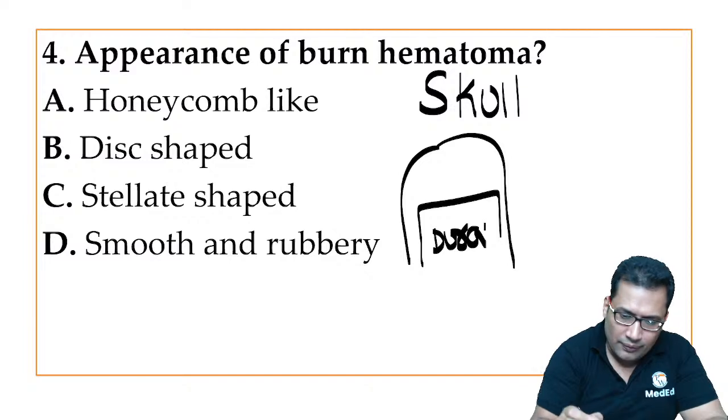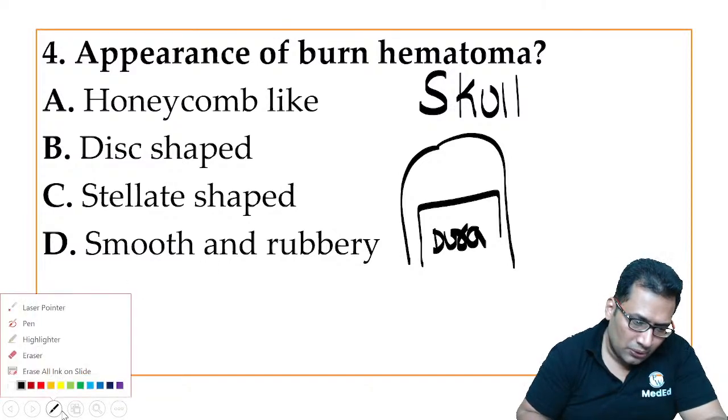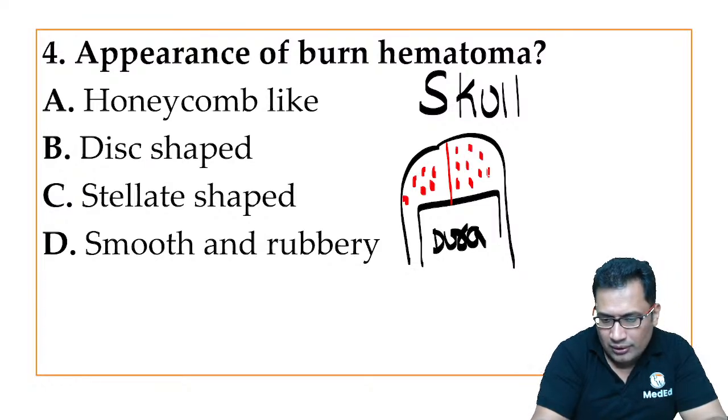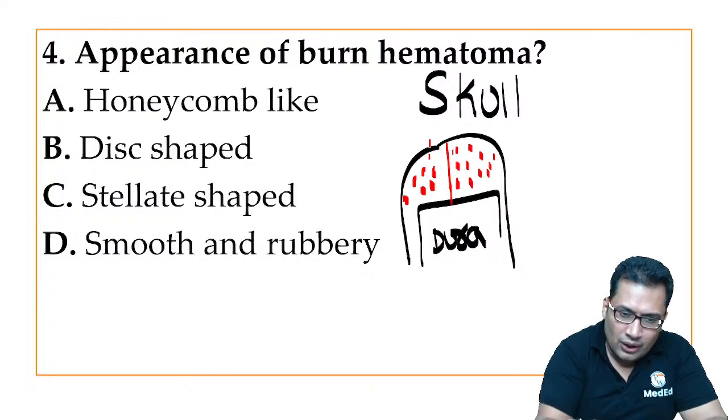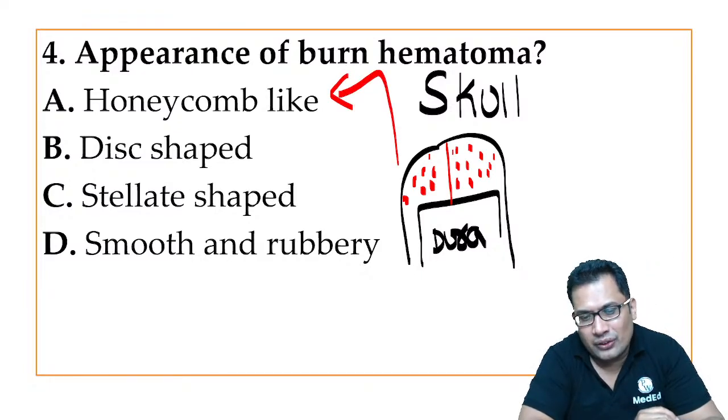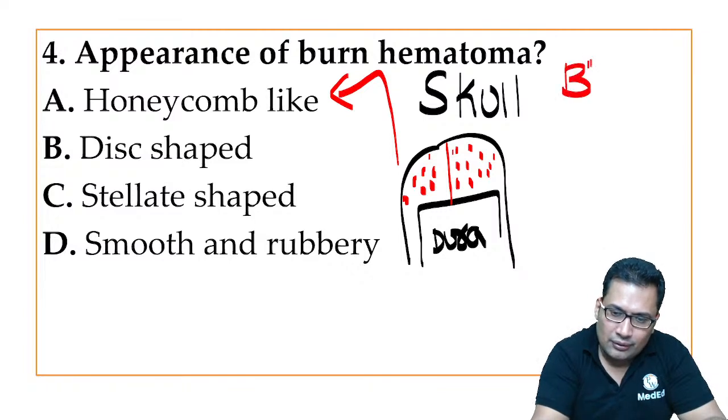This is the dura. You will see it like this. It looks honeycomb-like. Honeycomb appearance. It is usually bilateral.